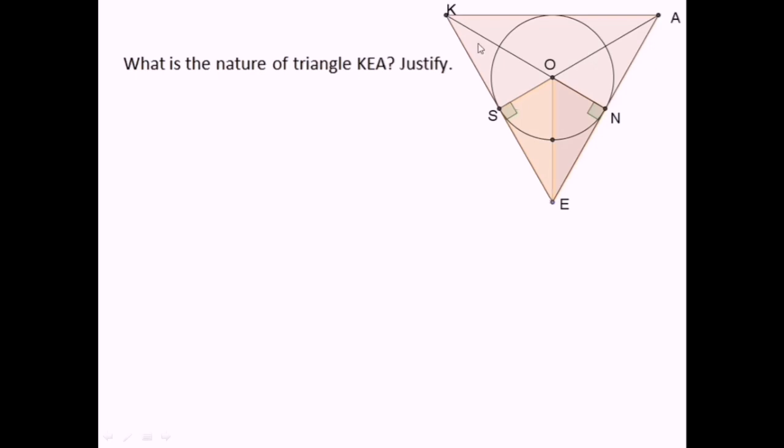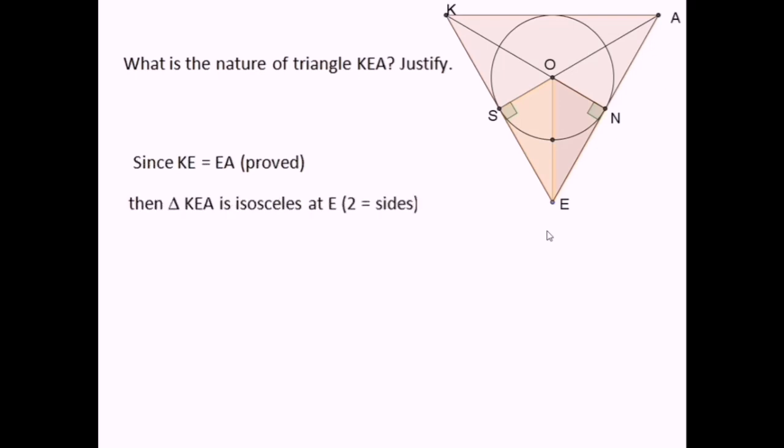Thus, we have KEA isosceles having a 60 degrees angle, then this triangle is an equilateral triangle. Since KE is equal to EA proved, then this triangle is isosceles at E, having two equal sides.